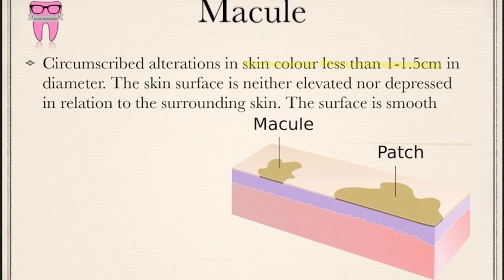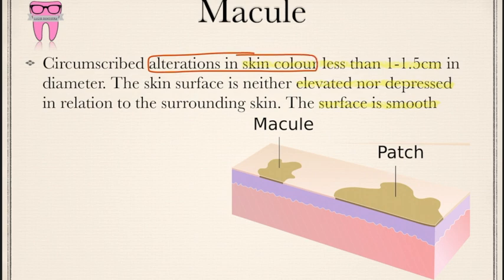The skin surface is neither elevated nor depressed in relation to the surrounding skin. The surface is smooth. Here you have an example of a macule. It's 1 to 1.5 centimeter in diameter. It's nothing but change in skin color.